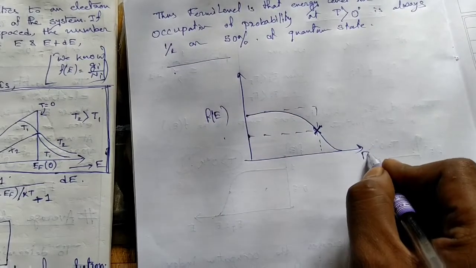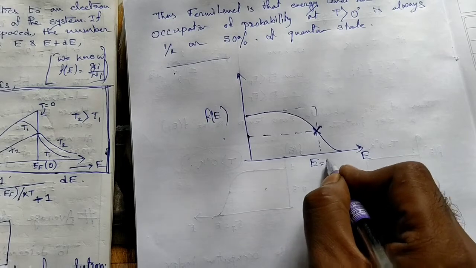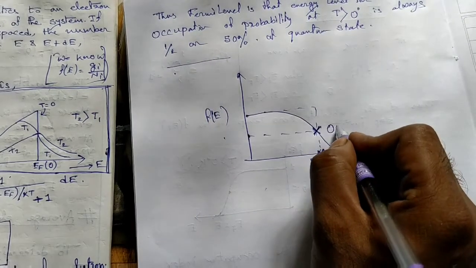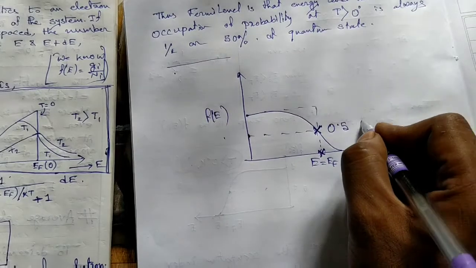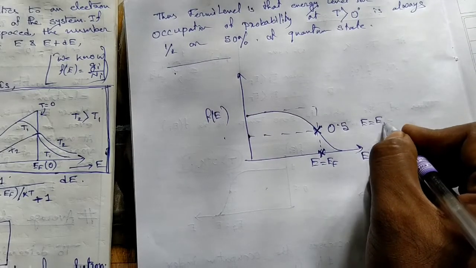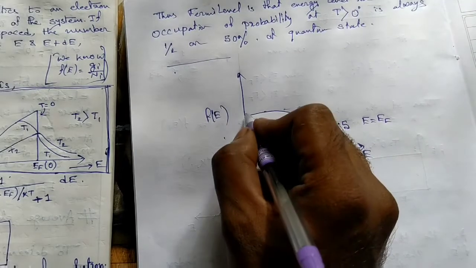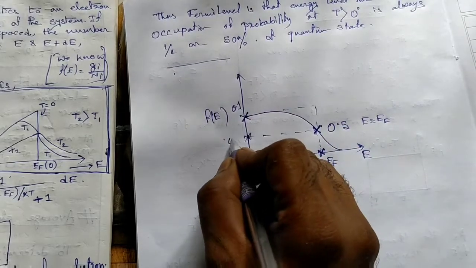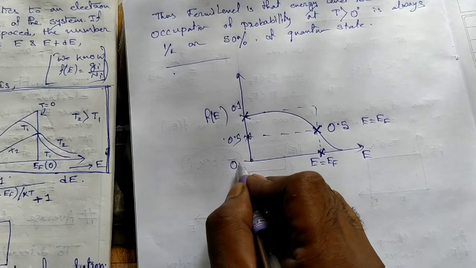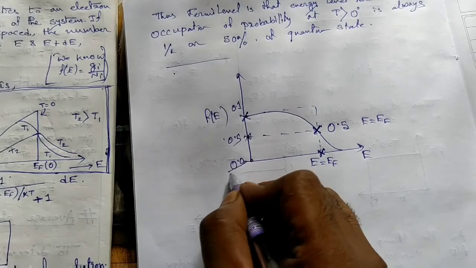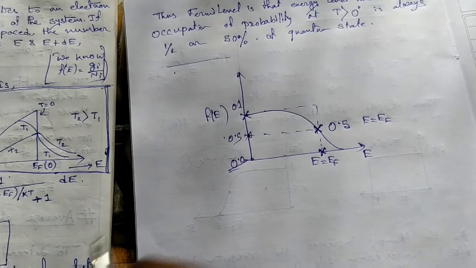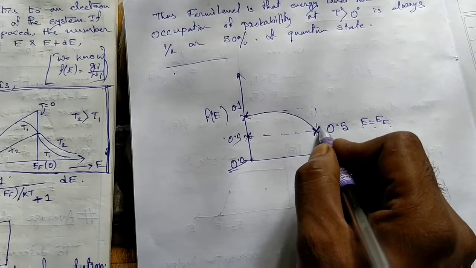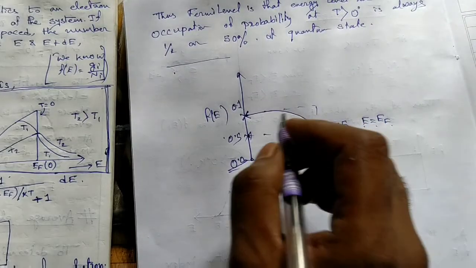At E equal to Ef, the maximum probability is half. This is 1, this is 0.5, and this is 0.0 for the probability distribution. That means at E equal to Ef, the probability is 50% or 0.5.